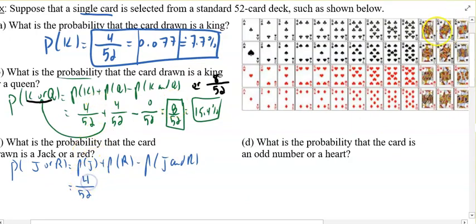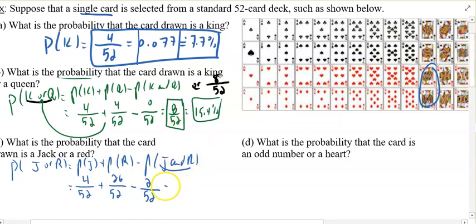There are 4 of those. They're right there. Plus probability of red, there are 52 cards. How many of them are red? 13 and 13, that's 26. Minus, how many cards are red and jack? Do you see I have those 2?